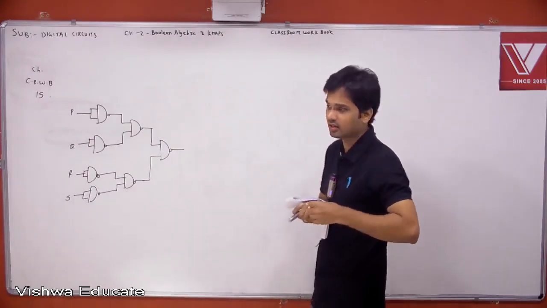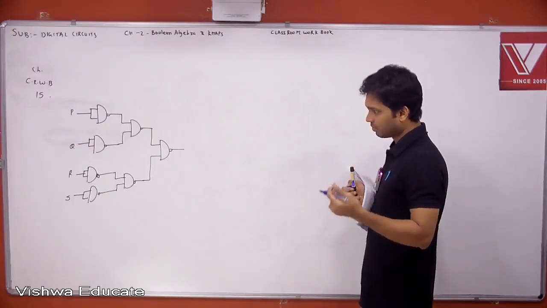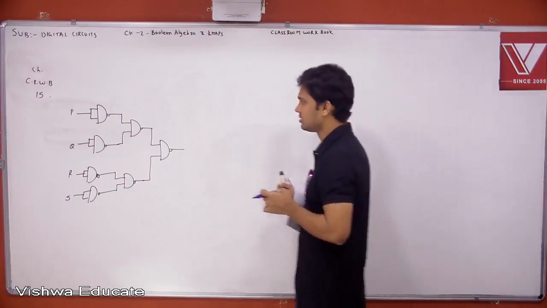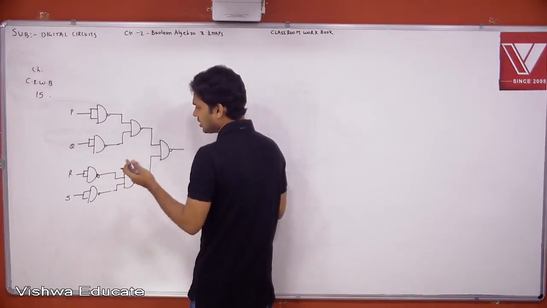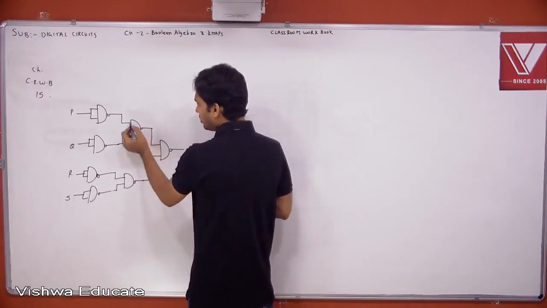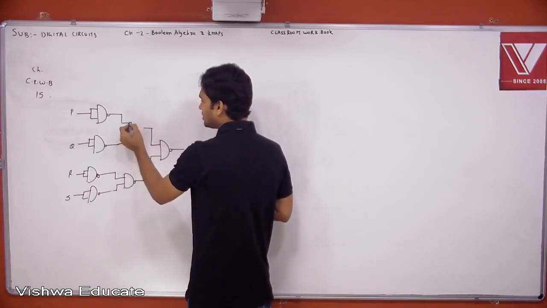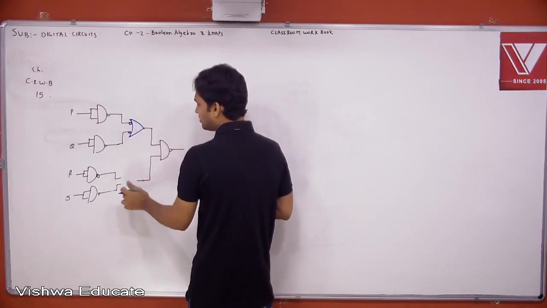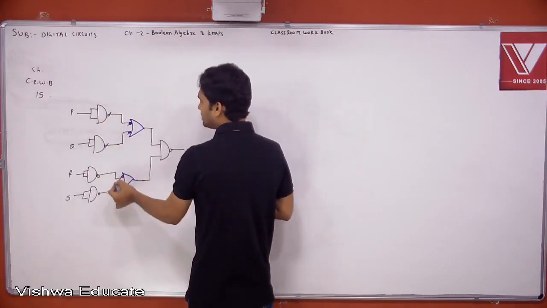As we discussed earlier, whenever a figure is given like this, the easiest way is to send the bubbles back to cancel the bubbles. You can send these bubbles backside or this bubble backside, it depends on your convenience. If you send here, 4 bubbles will cancel. Try to cancel more number of bubbles. So you can replace this NAND with a bubbled OR gate. This NAND can also be replaced with a bubbled OR gate. Then these bubbles cancel with each other.